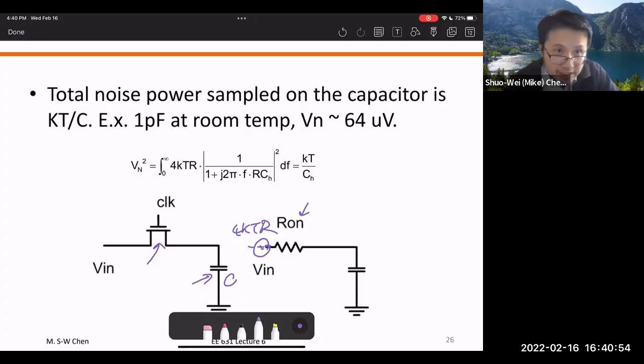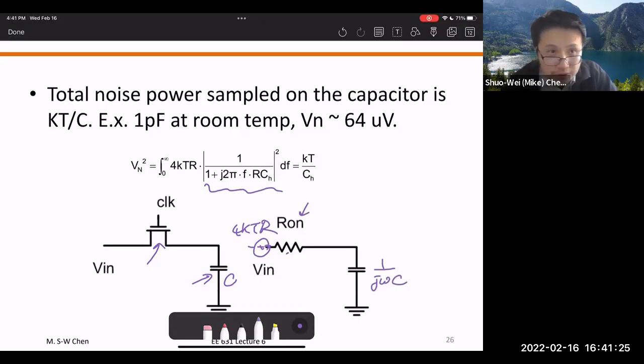Remember in 536A, you have the noise source, you find the transfer function, and then you multiply the noise source by your transfer function. Because this is basically like a voltage divider, divided between R on and 1 over j omega C. Does that make sense?